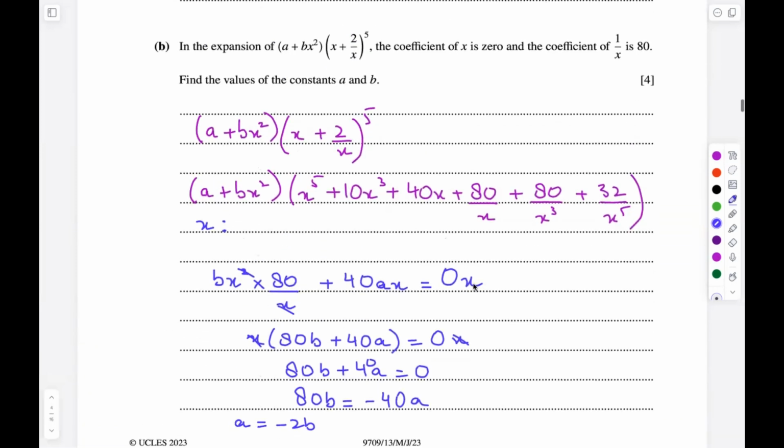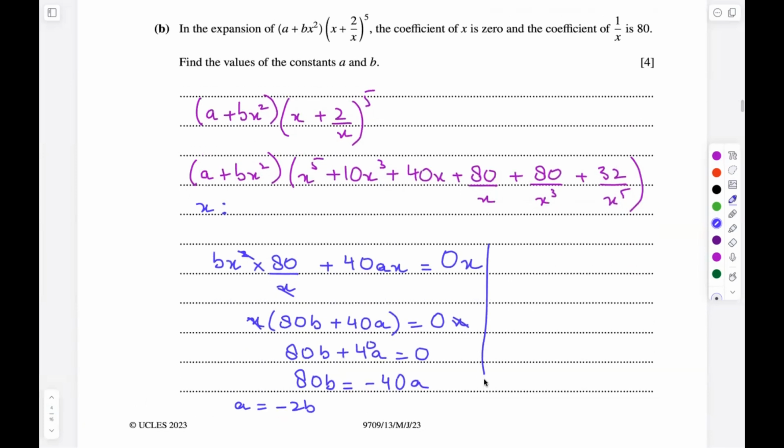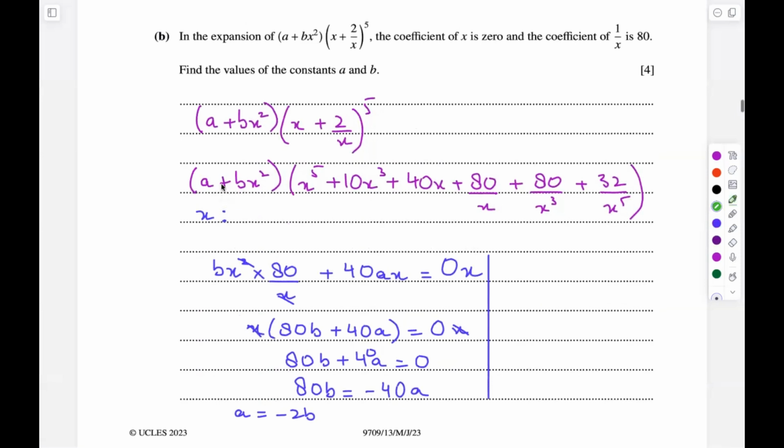And the coefficient of 1/x is 80, so for the coefficient of 1/x, we have to multiply a by 80/x, so that will become 80a/x, and multiplying bx² by 80/x³, that will become plus bx² into 80/x³, so that will give us a term in 1/x.